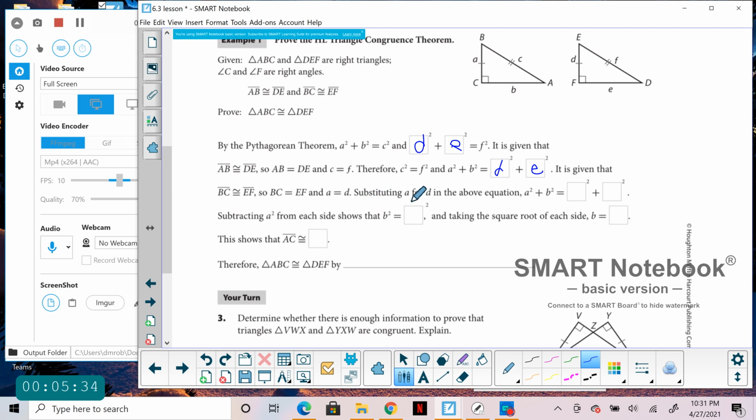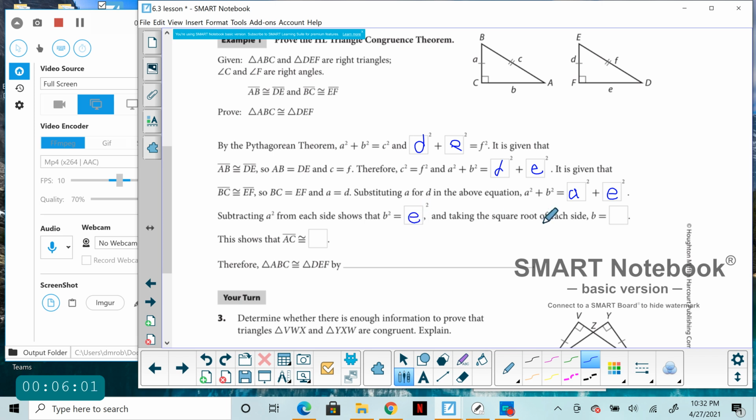Now we can substitute A for D in the above equations and have A squared plus B squared equal to A squared plus E squared. Subtracting A squared from each side, we have B squared equal to E squared.